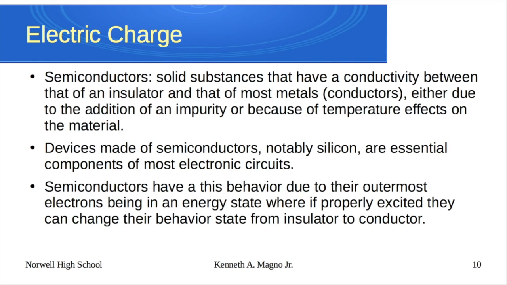And they'll conduct, but they're not as insulating as an insulator, but they're not as good as a good metal. And it's normally because there's some impurity that's in that material. And a lot of those impurities are the transition metals on the periodic table. And some are affected by temperature, some are affected by just adding a little bit of extra charge to them.